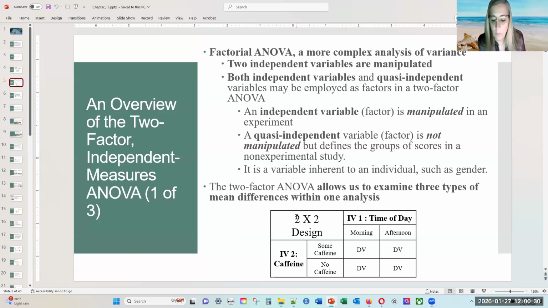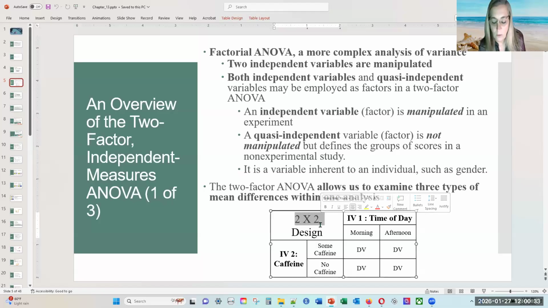And by the way, when we're talking about a 2x2 factorial design, these twos represent a factor, right? So this means I have one factor that has two conditions and I have another factor that has two conditions. Well, I can also make this a little more complicated and add the number of conditions for each factor.